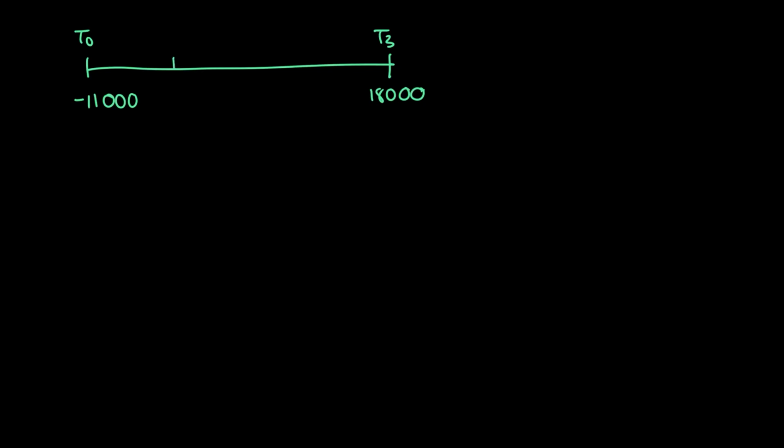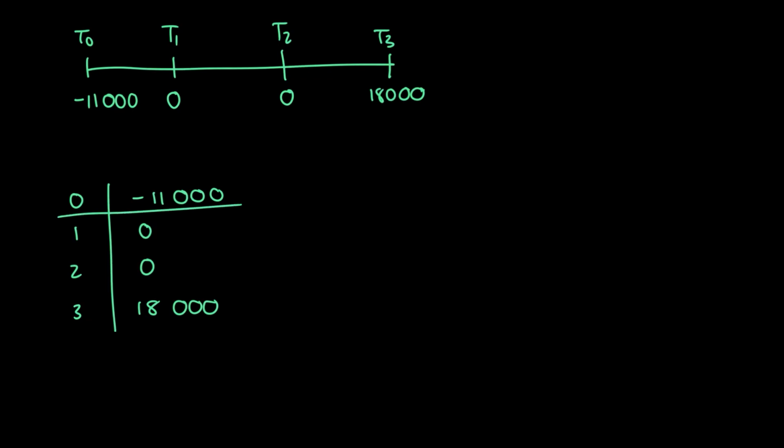So we need the T1 and the T2, and in this case we don't put in any money and we don't take out any money at T1 and T2. So right now we have a table of values: at T0, we have minus 11,000; at 1, we have 0; at 2, we have 0; and at 3, we have 18,000. And we're going to put this table into our financial calculator.